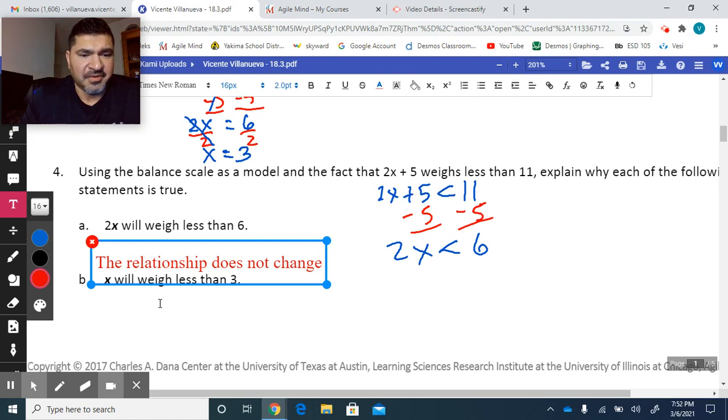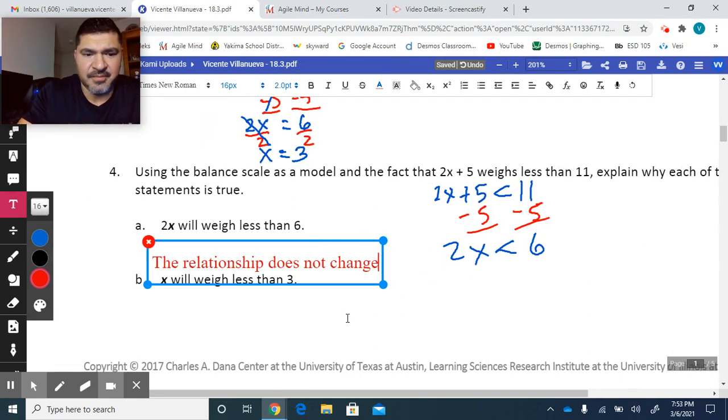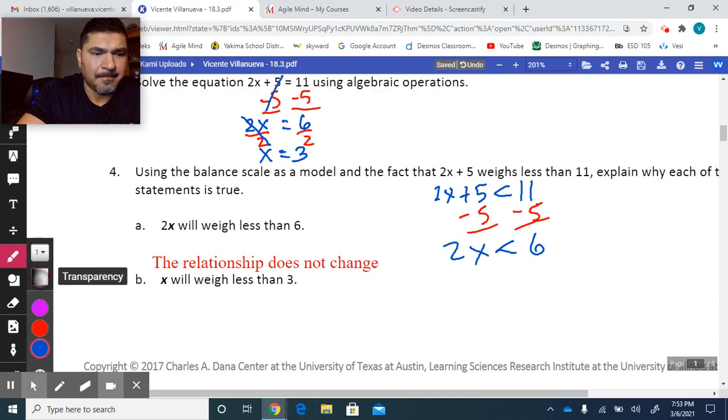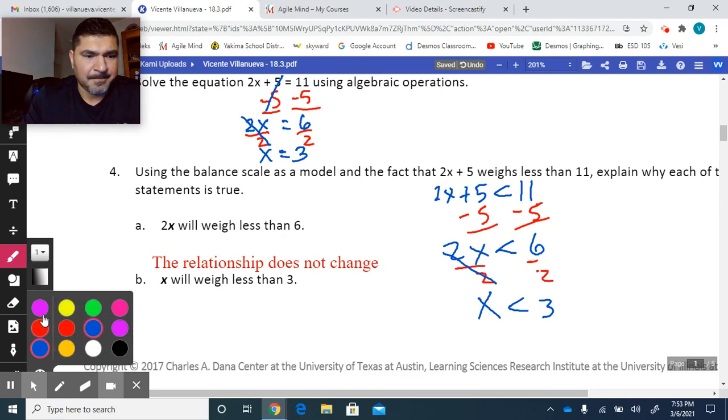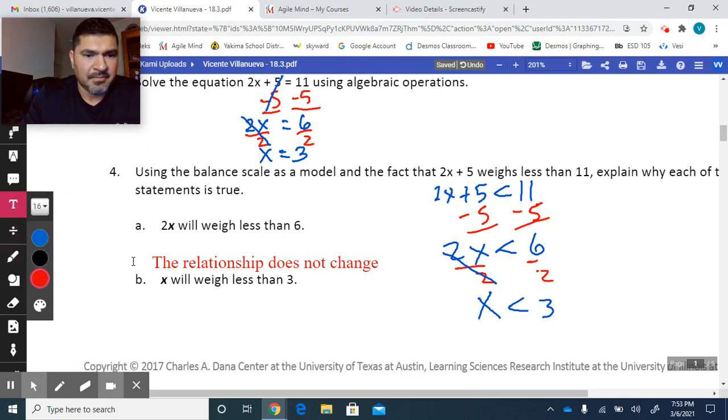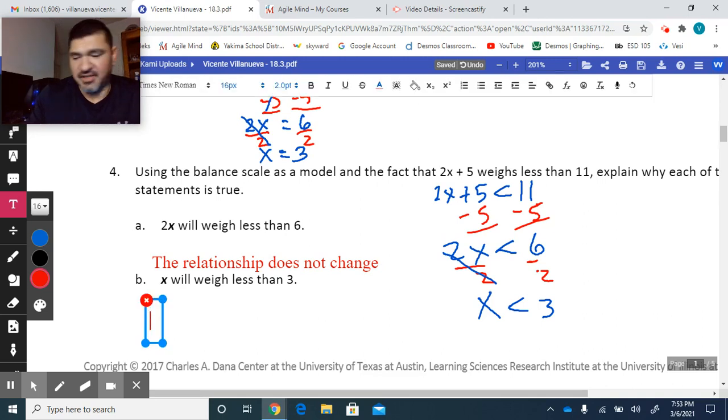Let's take a look at the next part. X will weigh less than 3. So if we keep working out this problem, we need to divide by 2. And we end up with X is less than 3. So that is also true. Okay, because we divided by a positive, the relationship does not change.